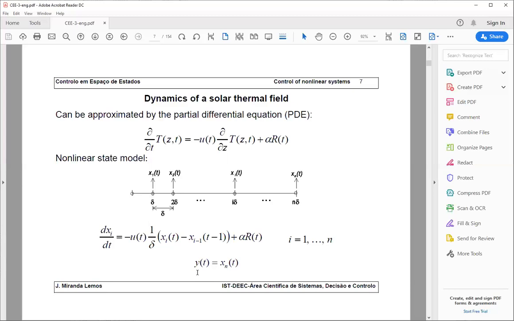And you can say now that what I measure is the temperature at the outlet of the pipe. So your y is going to be xn of t, the temperature here.